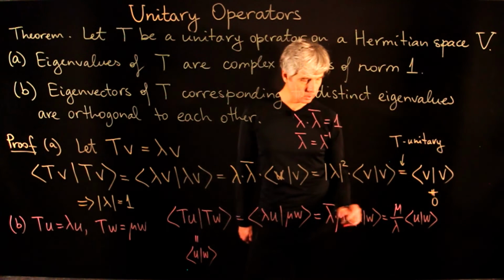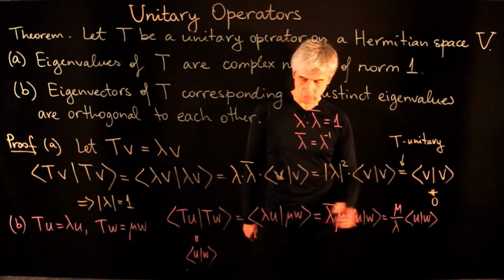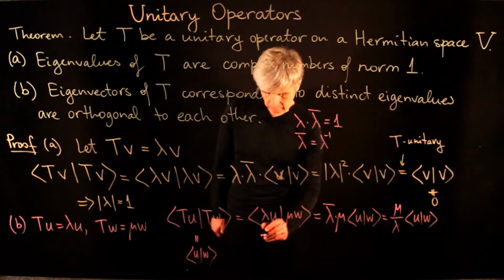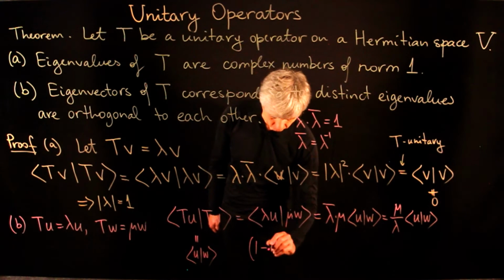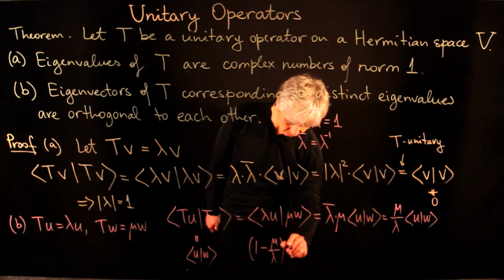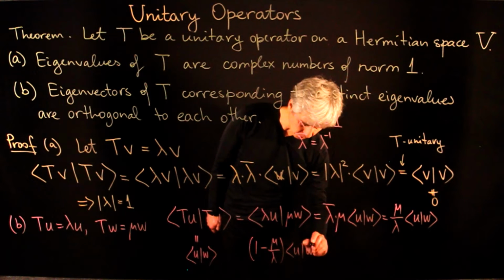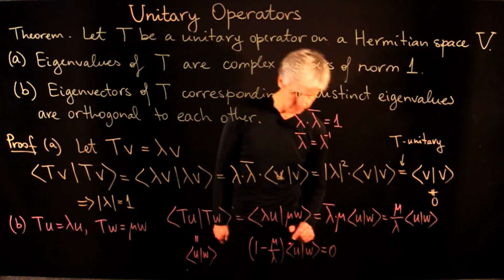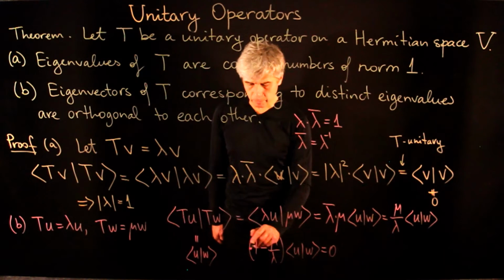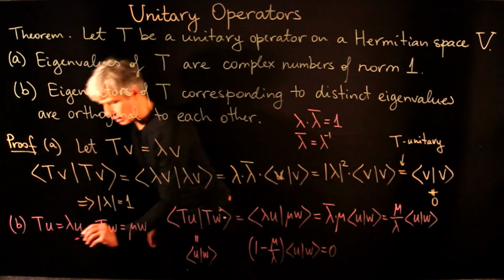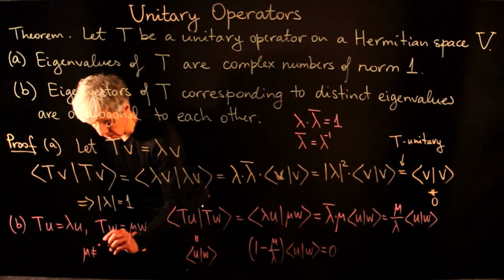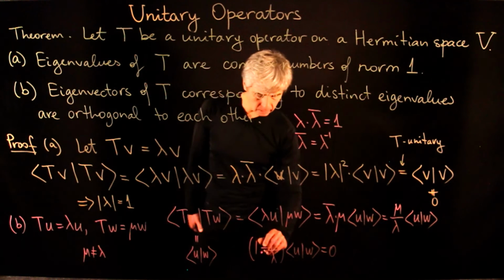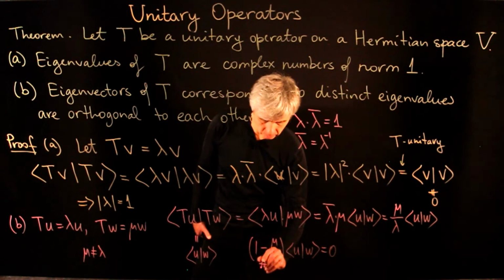If we take the difference, we get (1 minus mu over lambda) times (u, w) is equal to 0. Here we assume that mu is distinct from lambda, so this factor here is non-zero.